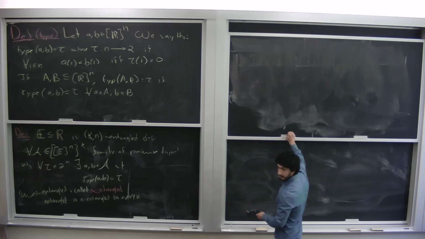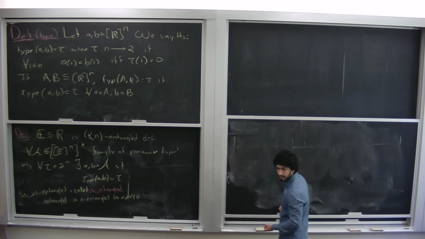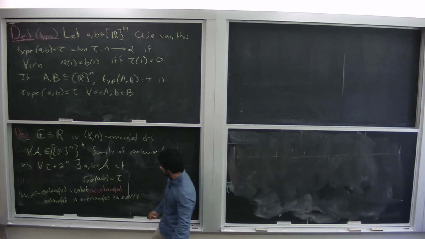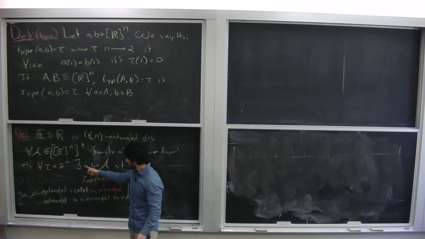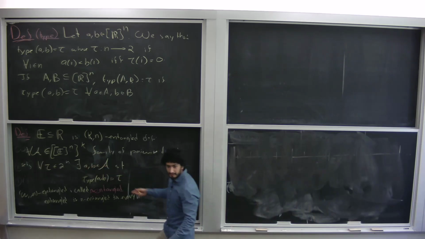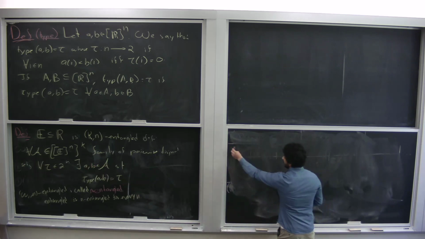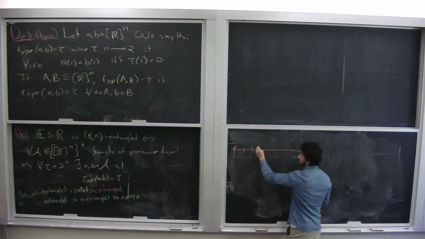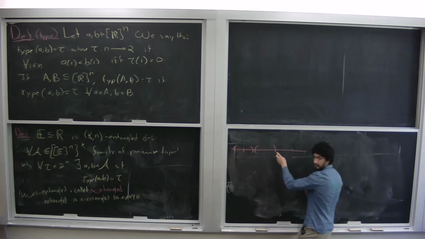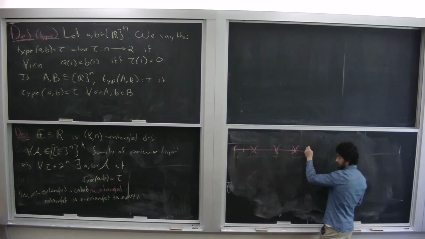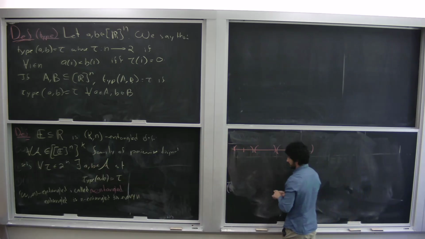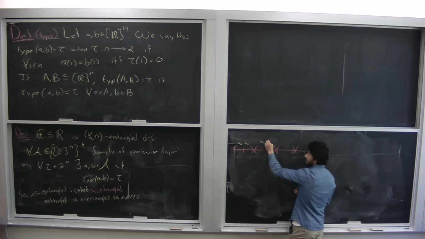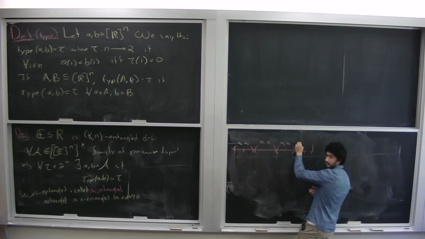So the idea here is that, using the second countability of the reals, if you can have a pair of elements which look like this, then you can always refine your families such that you can find some intervals that are ordered in this way, such that A0 and B0 are here, A1 and B1 are here, A2 and B2 are here.